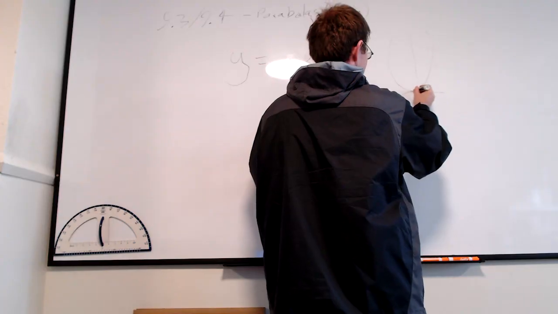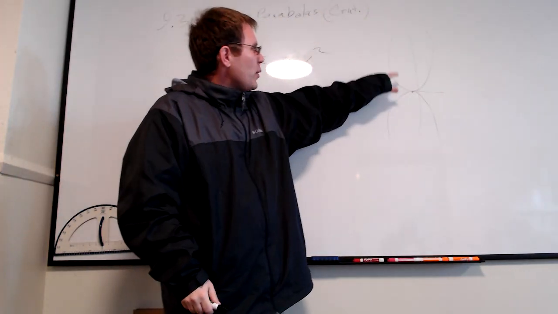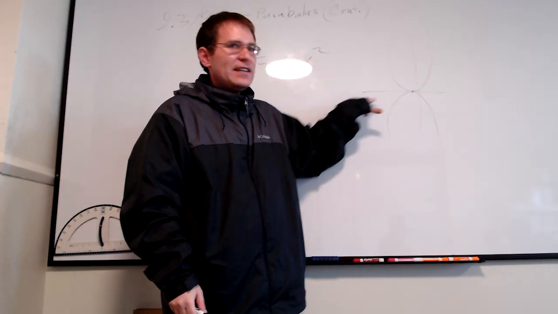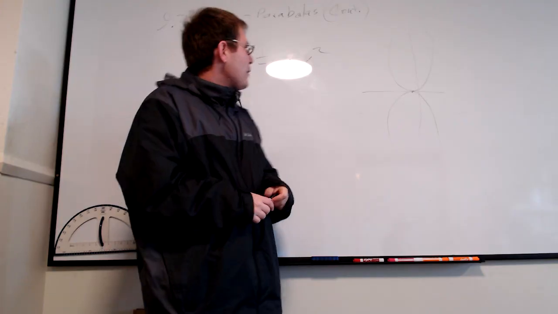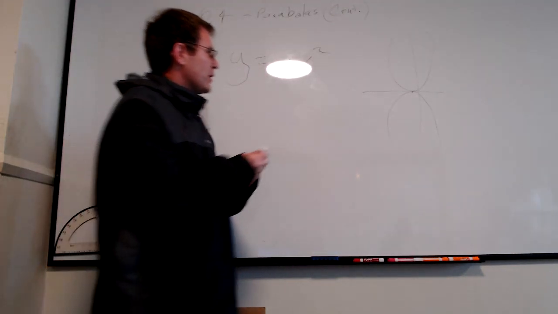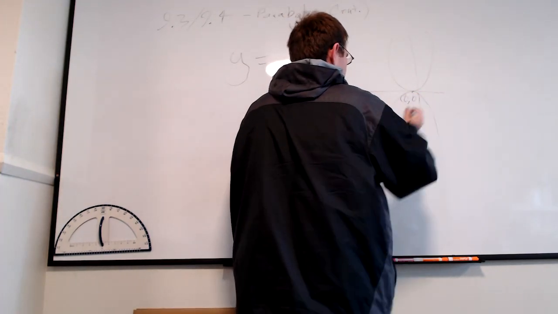The vertex is the lowest point if it's positive and upward facing, or the highest point if it's downward facing. And when your equation is of this form, the vertex is always 0, 0.